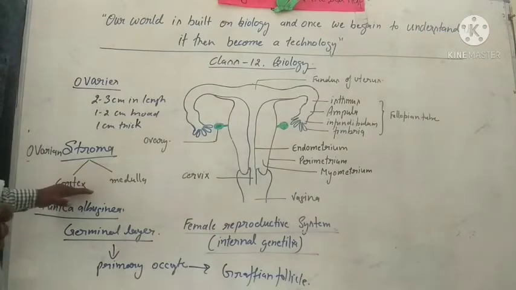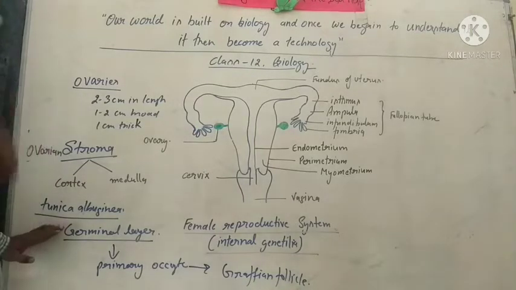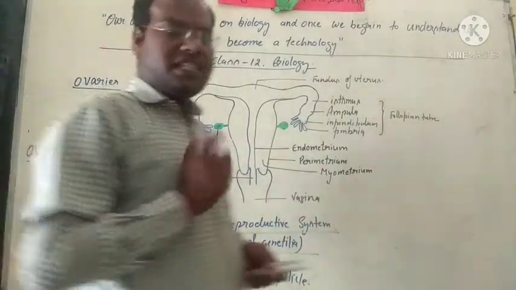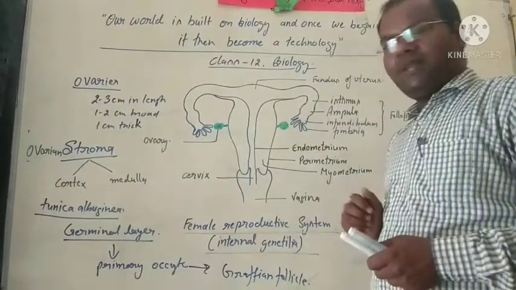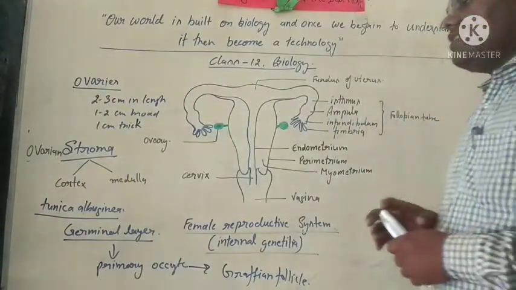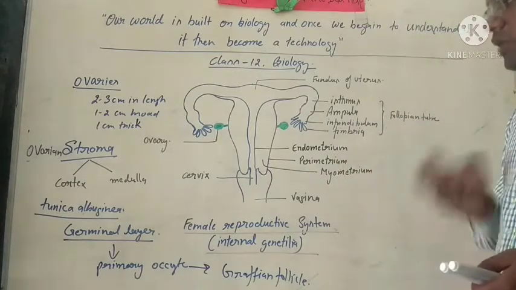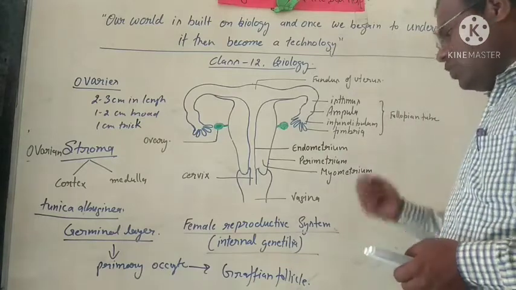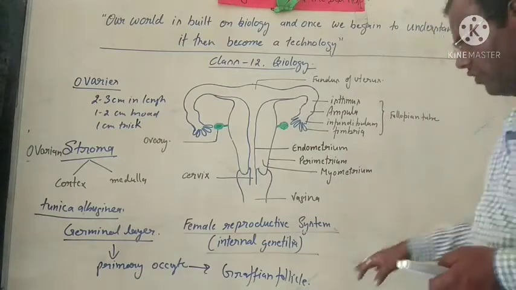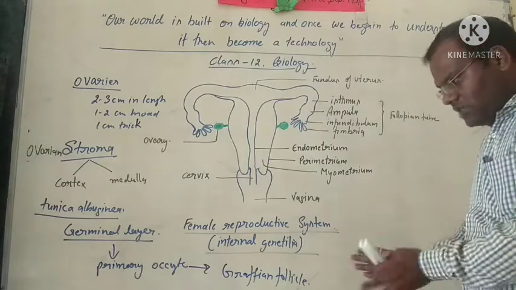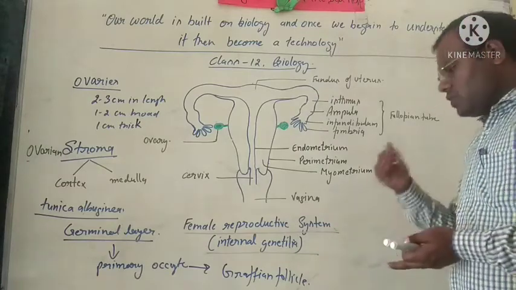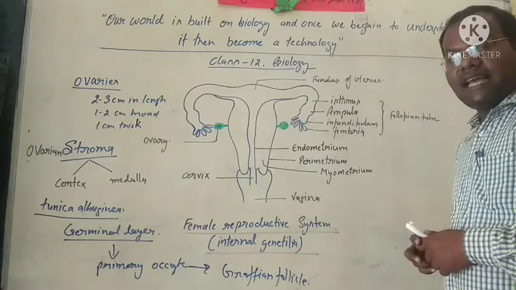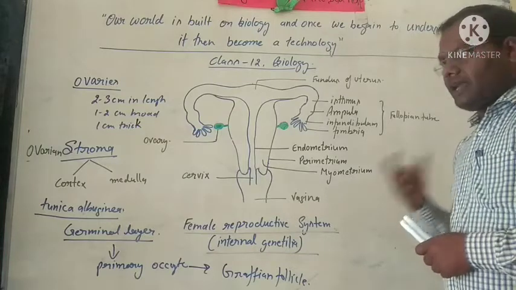The cortex is bounded by the tunica albuginea, which is bounded by the germinal layer. The germinal layer produces many primary oocytes, which convert into Graafian follicles. During maturation, the Graafian follicle produces the gamete, which is called the egg.